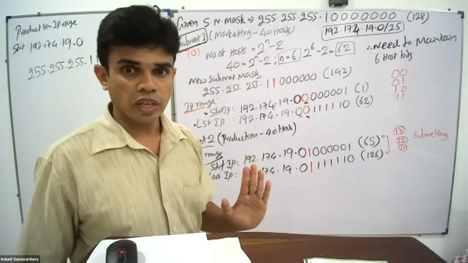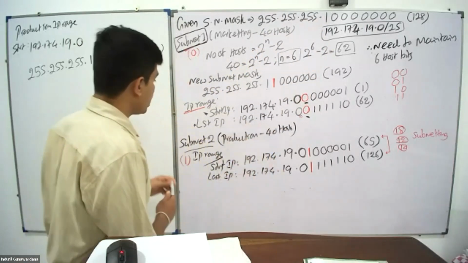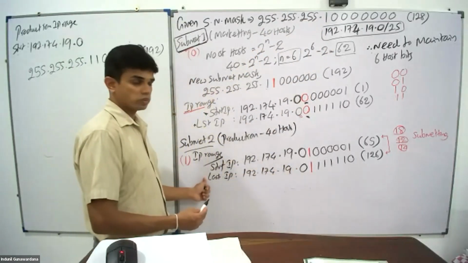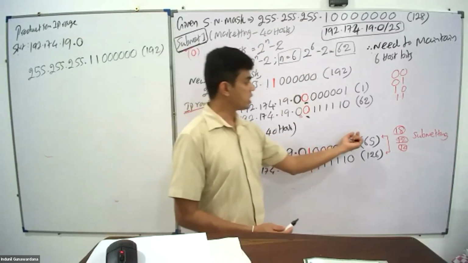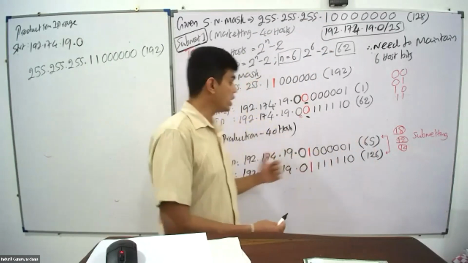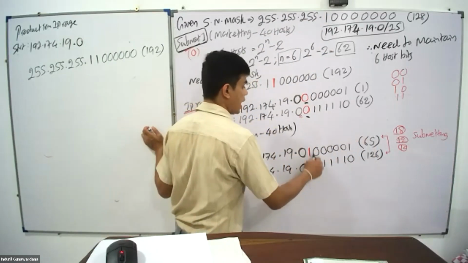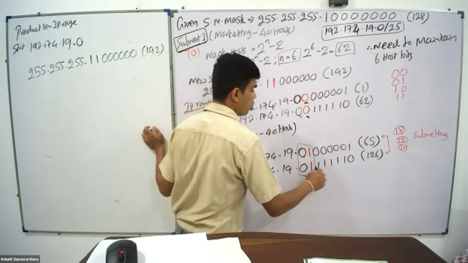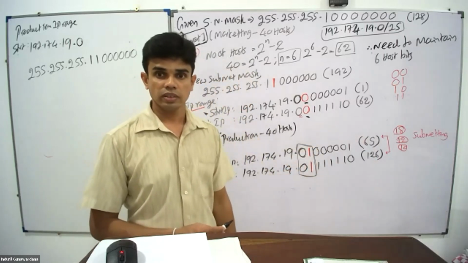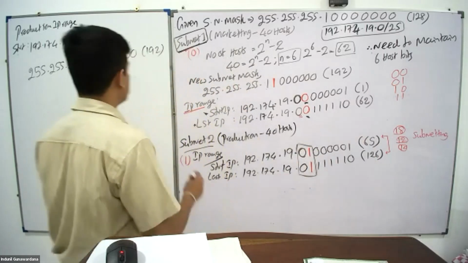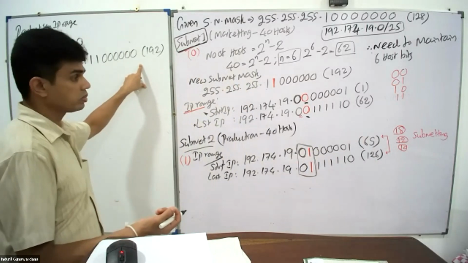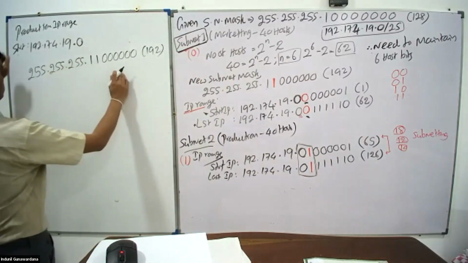Then next, we have to continue the subnetting of this IP range. That is going to be from 65 to 126, which has to be further subnetted. So you have to maintain these bits as they are for the next set of subnetting. You understand that? So we have to consider this as the network address and this as the subnet mask.